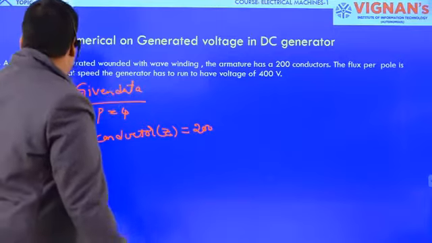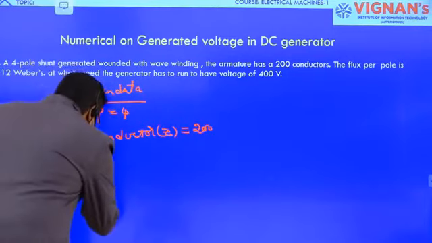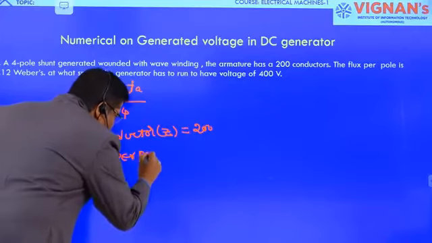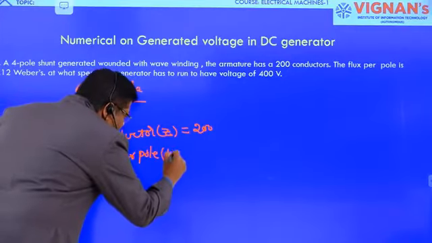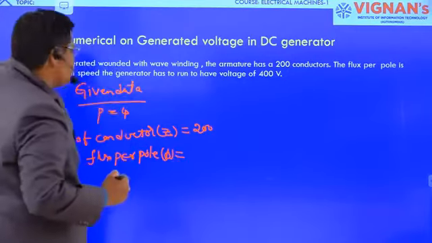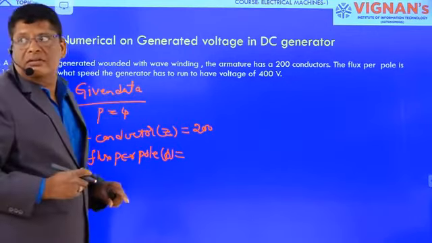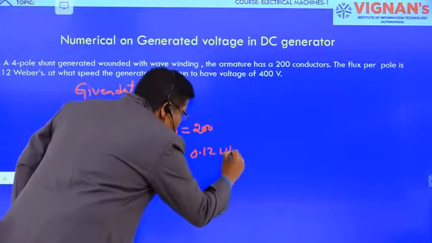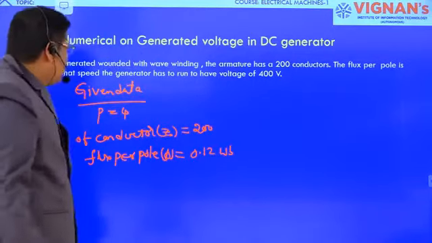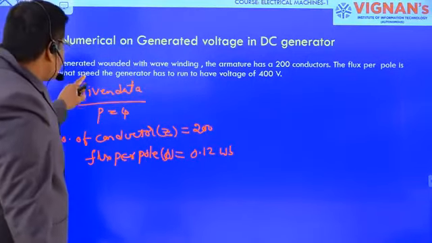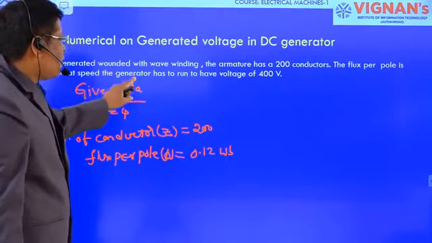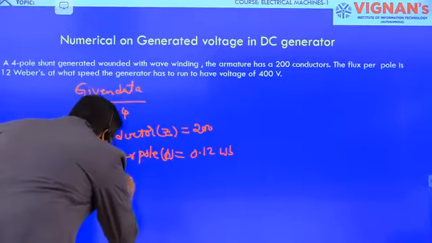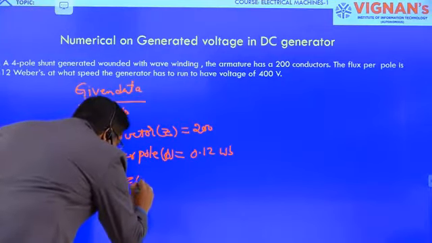The flux per pole Φ equal to 0.12 webers. This value is directly given in webers only. Next, at what speed the generator has to run to have a voltage of 400 volts? Nothing but EG is given, that is 400.